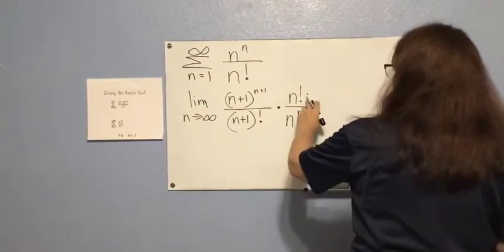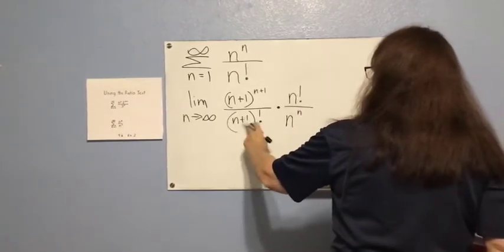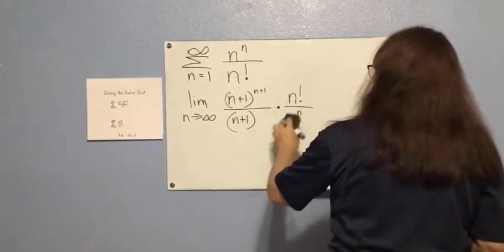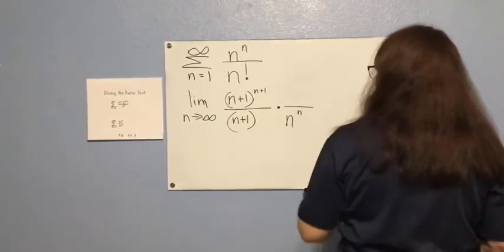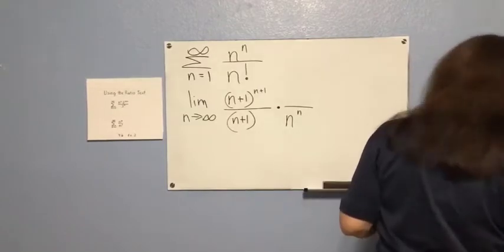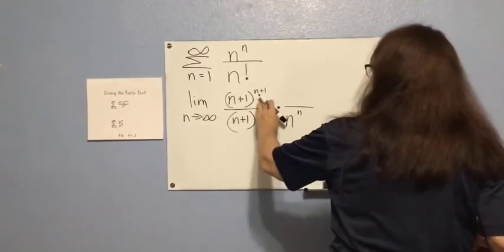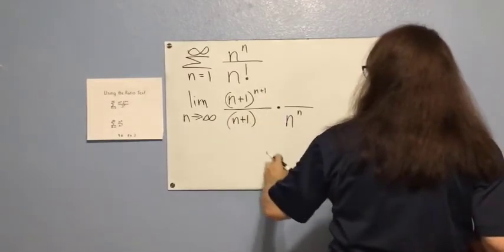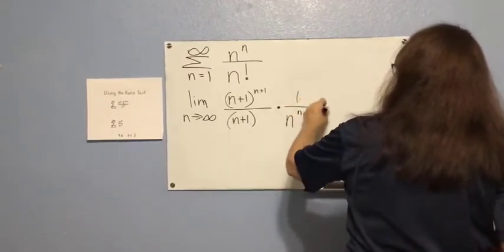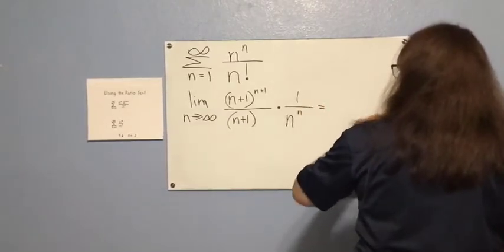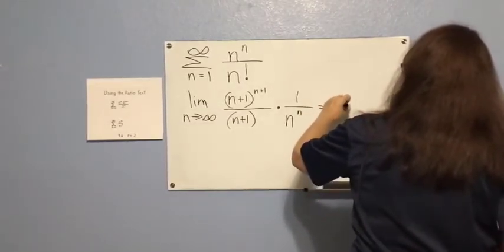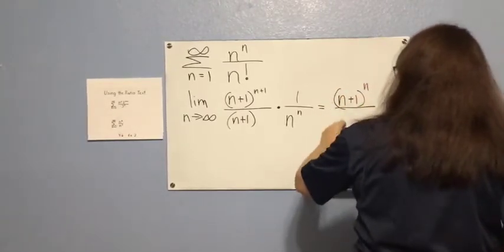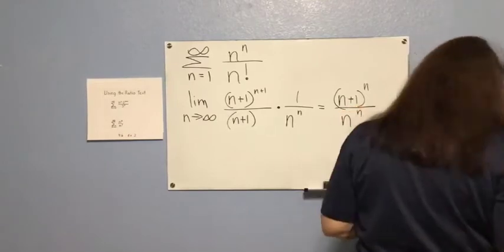Okay, I know my n factorial is going to cancel out with n plus 1 factorial and leave me with just the n plus 1 there. And then my n plus 1 to the n plus 1 power divided by n plus 1 is going to reduce the power by 1. So I'm going to have just n plus 1 to the n over n to the n.